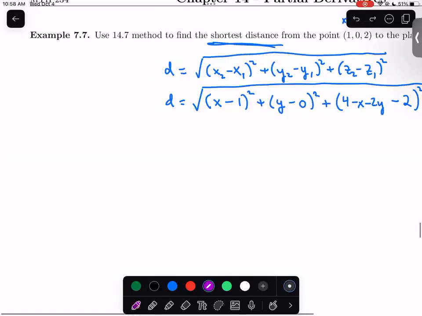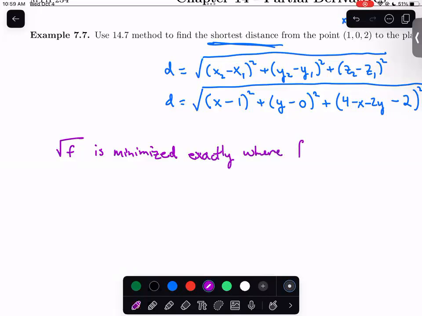So I would like to bring up, what's the best way to say this? Let's say the square root of f is minimized exactly where f is minimized. This will make a nice impromptu theorem here.